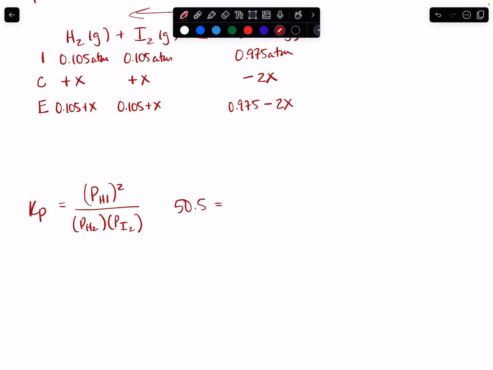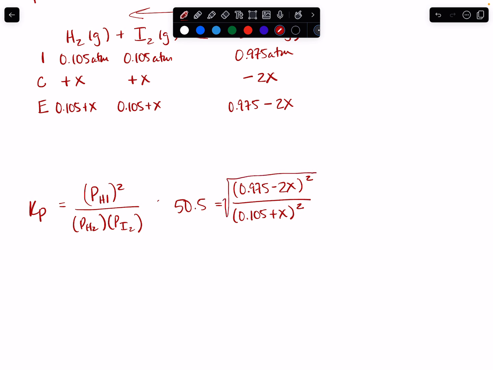All right, so up here we're going to put 0.975 minus 2x squared. Now below, we're going to have 0.105 plus x times 0.105 plus x, but we could rewrite that as 0.105 plus x squared. So we've got a square on the top and the bottom.